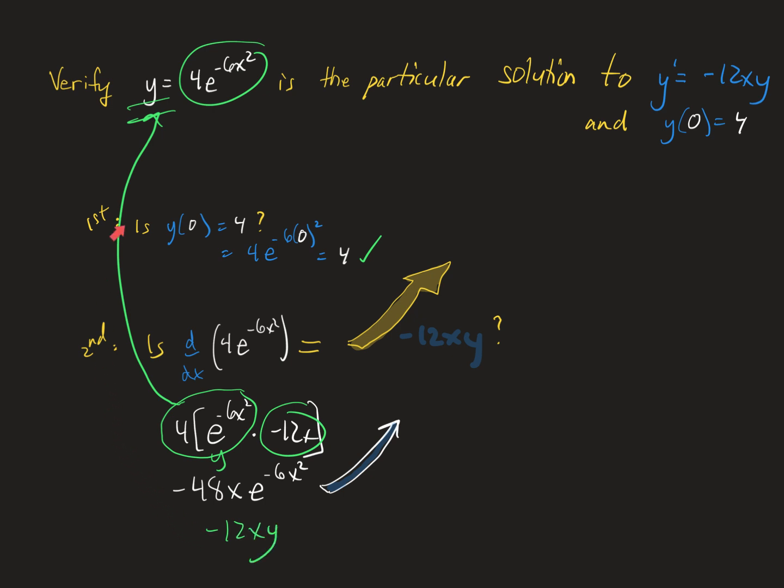So we have therefore verified that this is a general solution to this diffy q because its derivative is equal to that derivative. Y prime of this is equal to negative 12xy. And this satisfies these initial conditions. Therefore, this is the particular solution to this diffy q with initial condition.